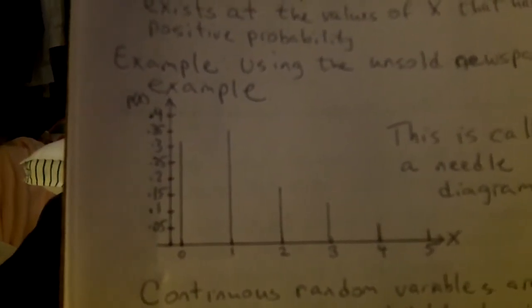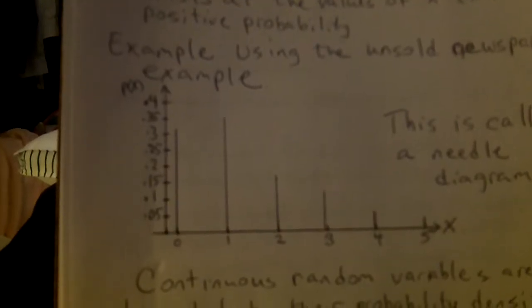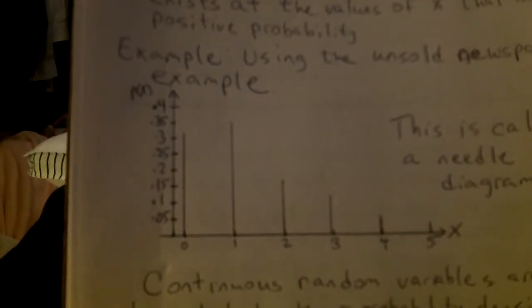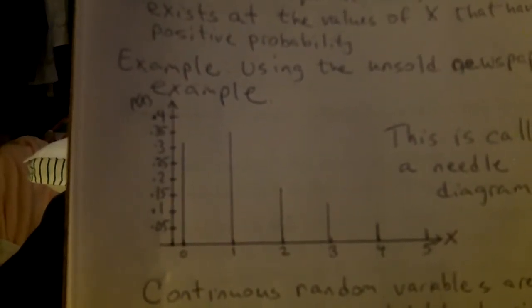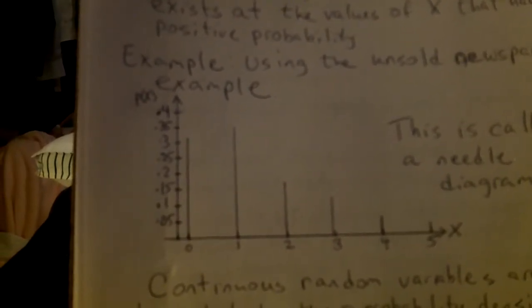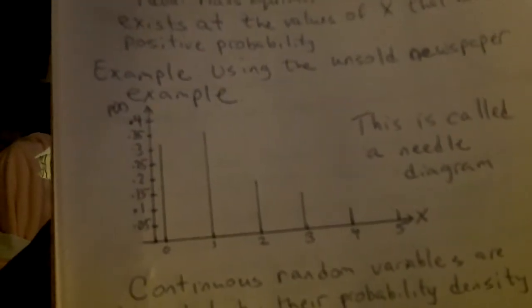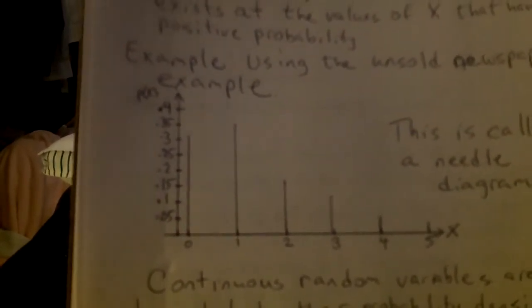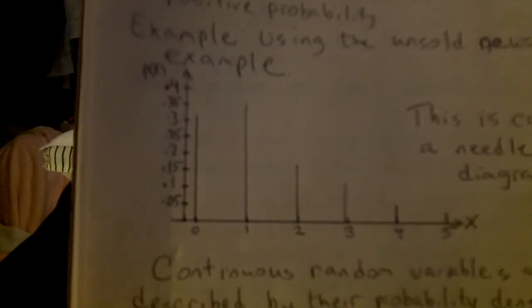I know they're pretty close, but I was trying to do this a little bit by hand. So what we've got there are those individual needles, each having mass corresponding to the probability of that specific value of x.